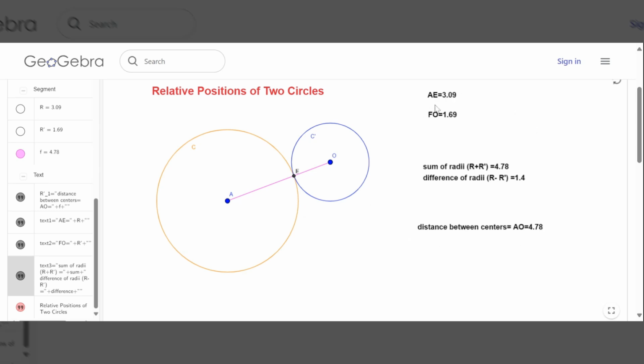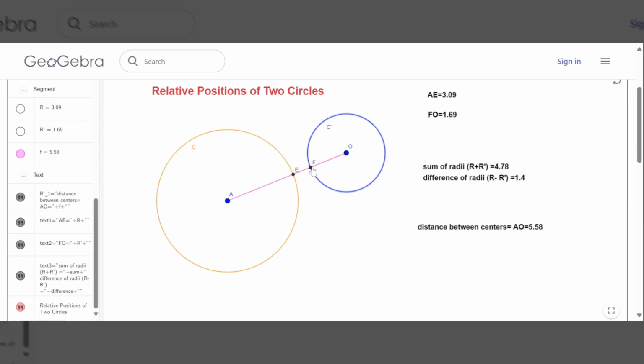Now let's look at the numbers to the right. As you can see here, AE, this is the measure of radius AE, the radius of the orange circle. FO is the measure of this circle. Its radius is equal to 1.69. Okay, this is the radius of this circle.